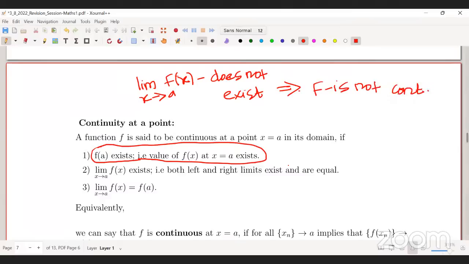So whether exist and defined are the same?